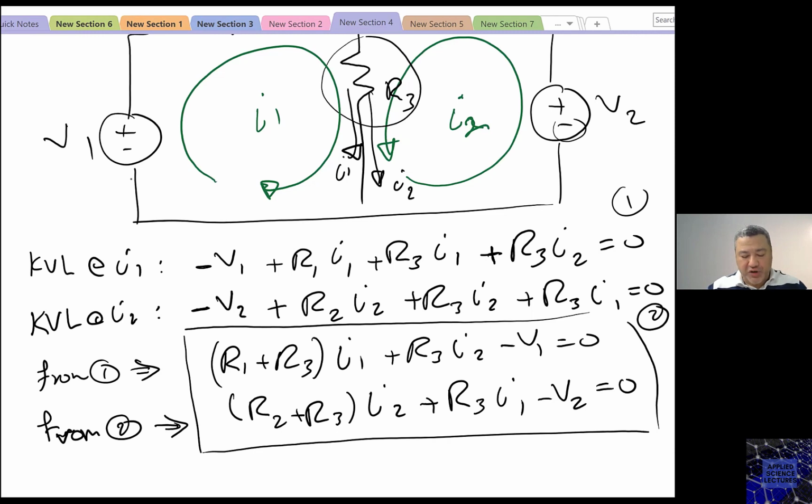This is how we write. But again, I have shown you how to derive the mesh equations. Now we want to come to a point where we can write the mesh equation by inspection. And this is the beauty about it, if you understand. So this is the proof to you that mesh equations are being derived this way. But there's a shorter way to write the mesh equations that we call writing the mesh equations by inspection, as long as you understand how we derived those mesh equations.